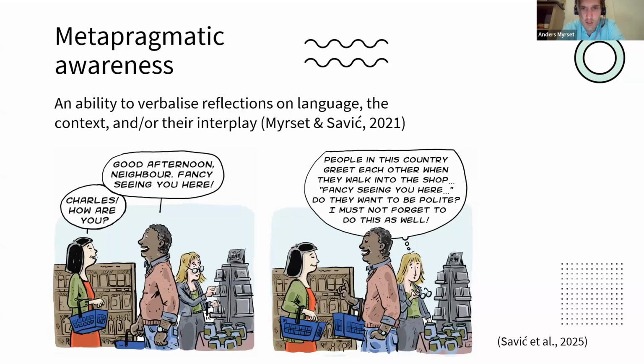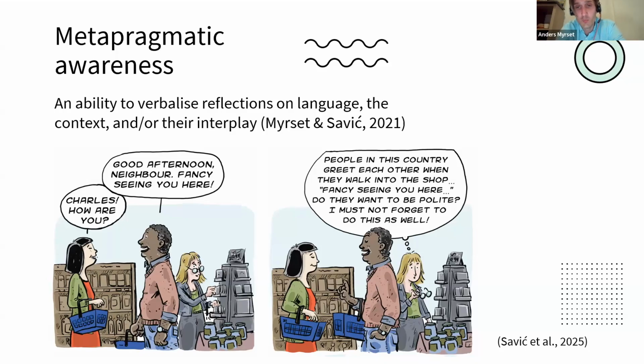Okay, so there's the situation and what they actually do. Then she's picked up on the language that has been used: fancy seeing you here. And then she's asking this question, okay, do they want to be polite? And again, going back to what are you trying to achieve in the communication? And so bringing in this situational aspect again.